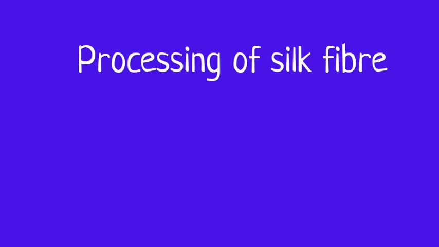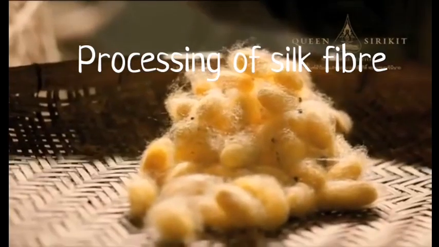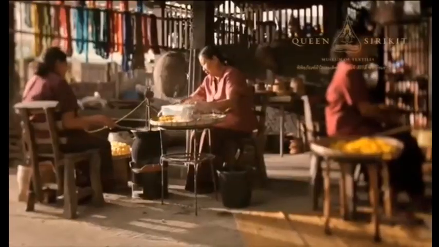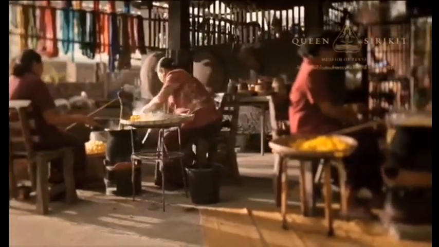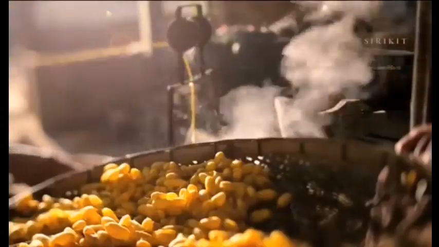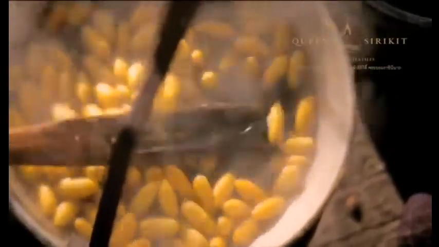Next is the processing of silk fiber. A pile or heap of cocoons is used for obtaining silk fibers. The cocoons are kept under the sun or boiled or exposed to steam, and the silk fibers are separated out. The process of taking out threads from the cocoon for making silk fiber is called reeling of silk.